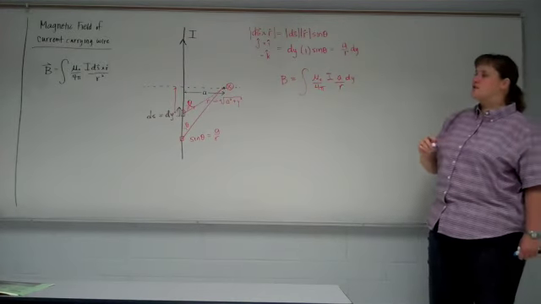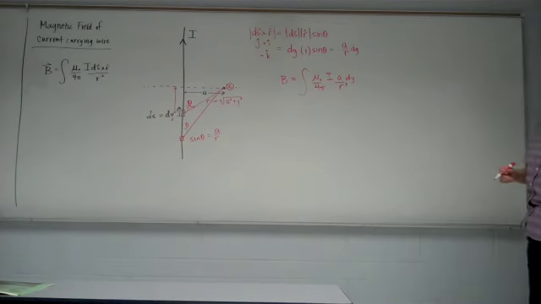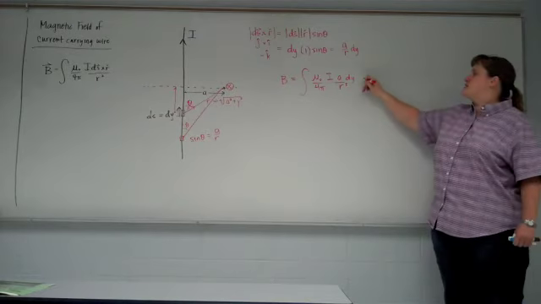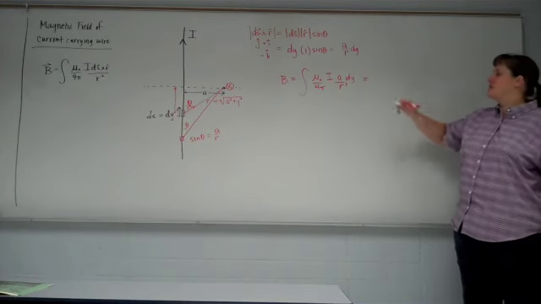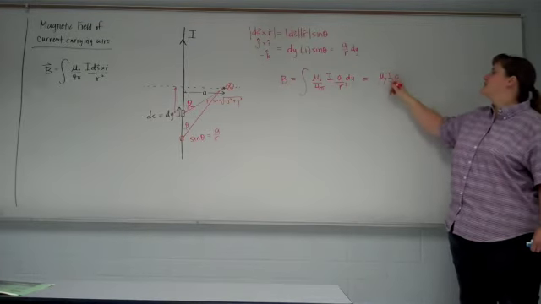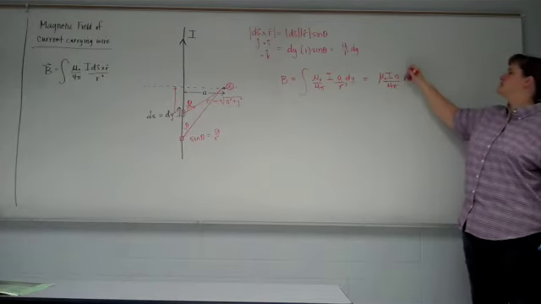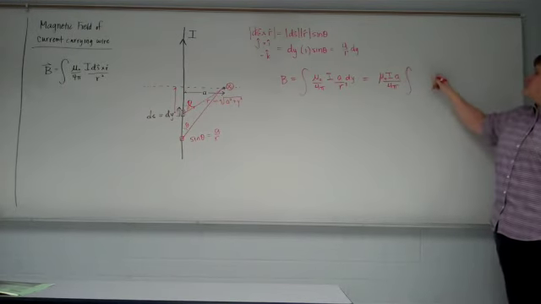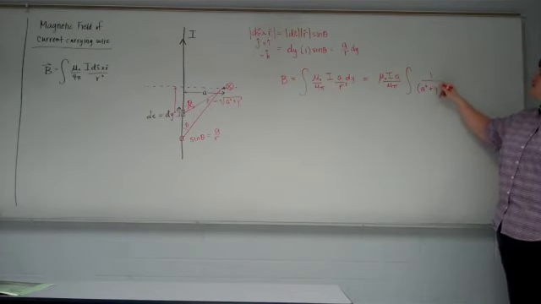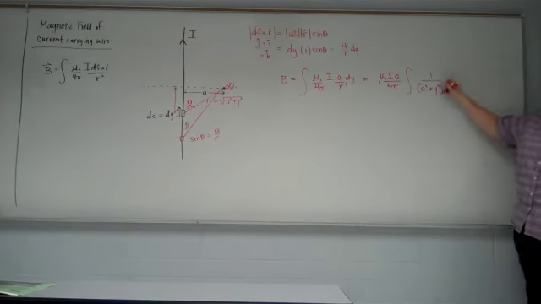But then we also have an r squared in the denominator, so we end up with r cubed there. Now we do need to make the substitution that r is the square root of a squared plus y squared. Let's go ahead and pull out the constants while we're at it. So the mu naught, the I, the a are constants, the 4 pi is a constant. That leaves us with 1 over r cubed, but r is a squared plus y squared, square rooted, so we get to the 3/2 power, dy.